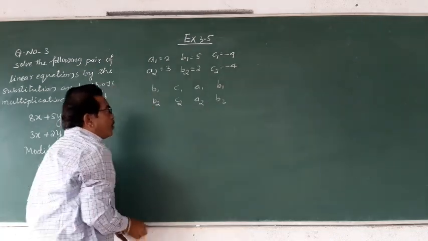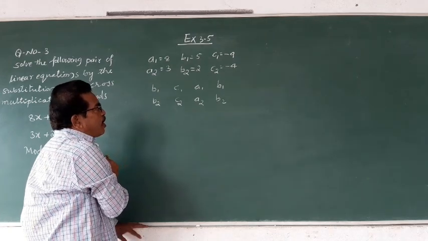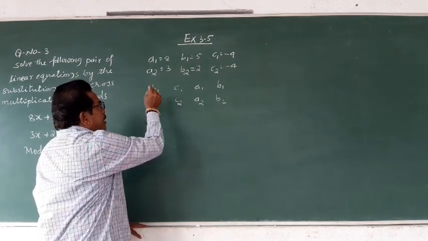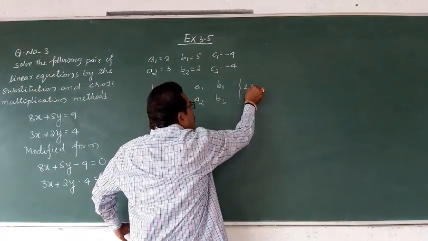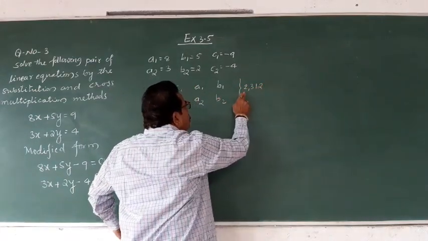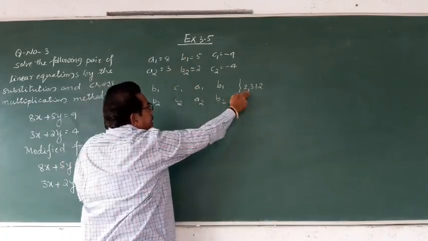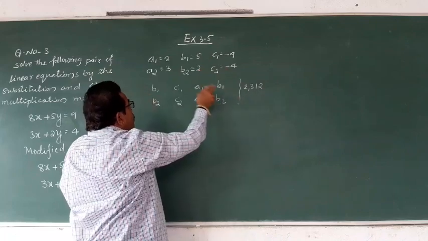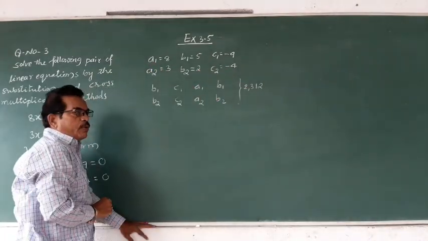I have given you a hint on how to remember this for the cross multiplication method. That is the 2, 3, 1, 2 rule. Here 2 means B1 and B2, then 3 means C1 and C2, 1 means A1 and A2, and again 2 means B1 and B2.